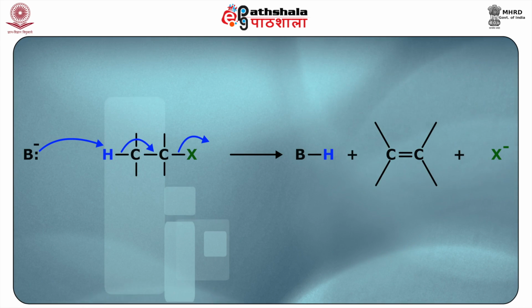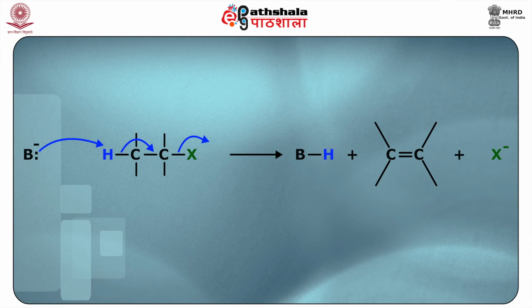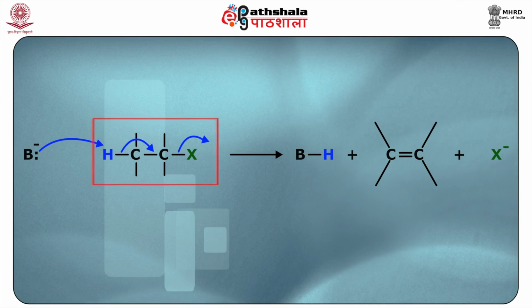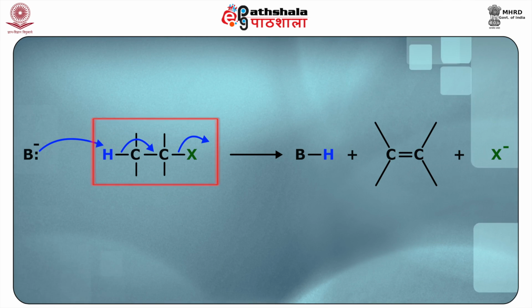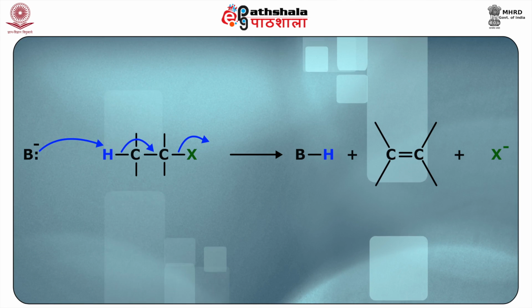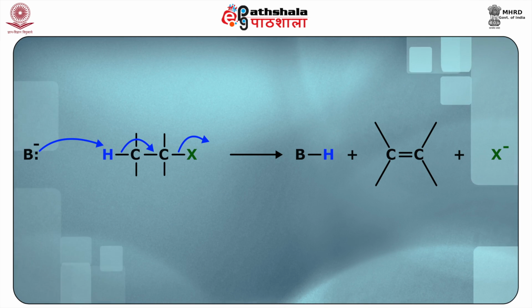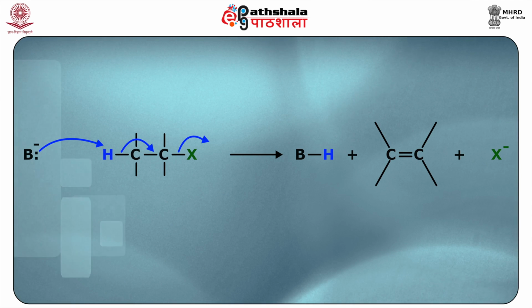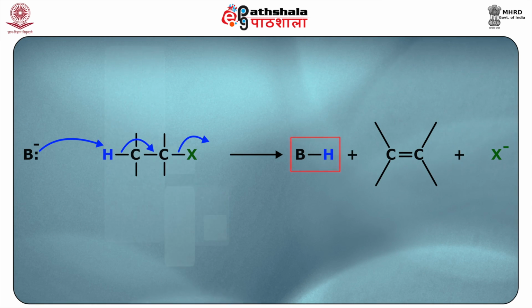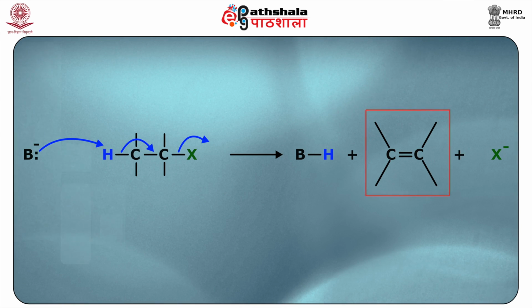For a reaction between an alkyl halide and a base, as shown here, the rate determining step involves an interaction between the base and the alkyl halide, and the reaction takes place in a concerted way. That means the abstraction of the proton by the base and the departure of X happen at the same time, ultimately leading to the formation of C double bond C, that is, an alkene.